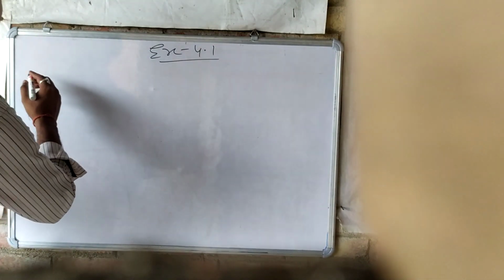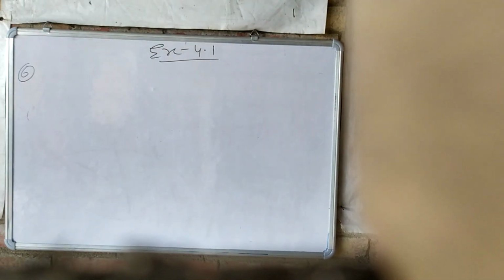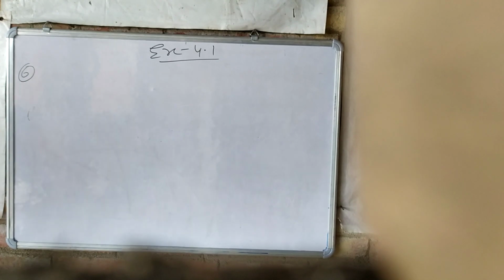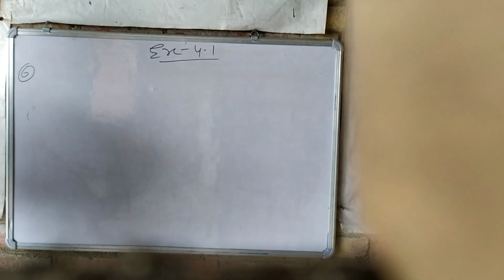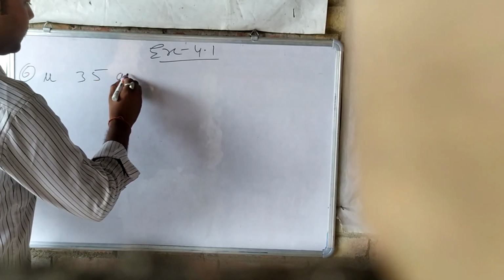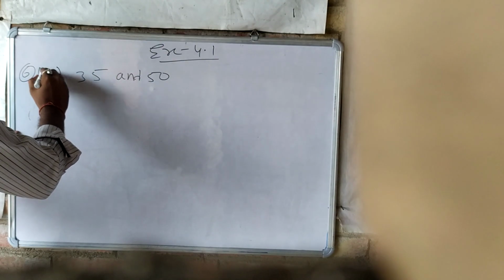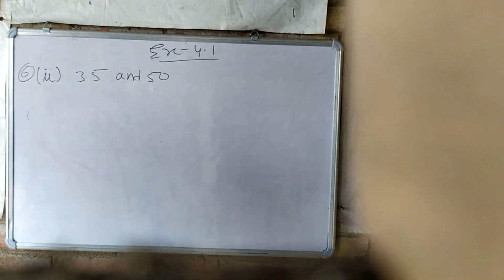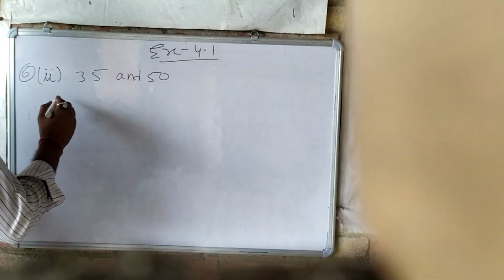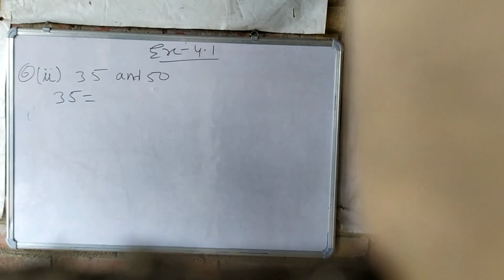See question number 6. Common factors of 35 and 50, second part. In question number 6, second part, 35 and 50, common factors. So first we will write the factors of 35. What are the factors of 35?